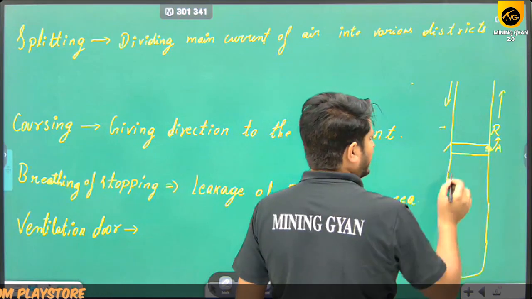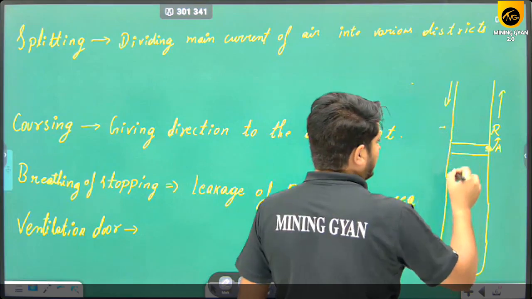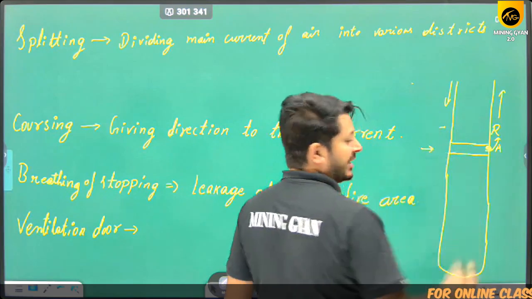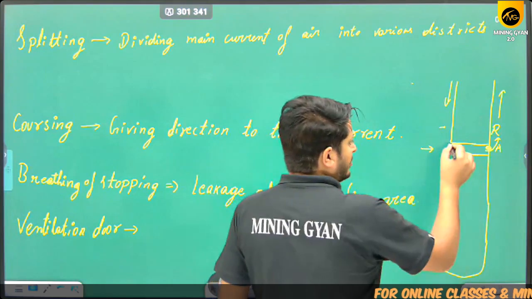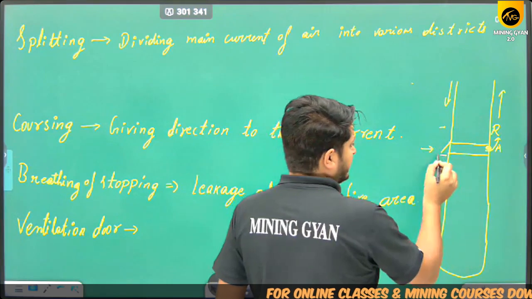but their direction of opening is always in the opposite direction. Okay, like, this is the intake air. This will create pressure in this direction, so our ventilation door will open in this direction like this.